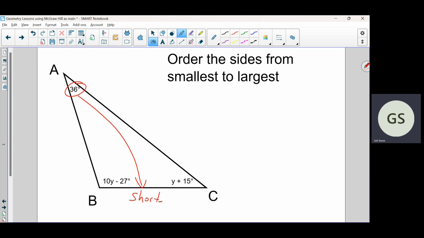If, don't write it into the figure if you drew the figure. I'm just saying if this were smallest, the opposite side is smallest. Always. If it's the biggest angle, so if this winds up being the biggest angle, the longest side is opposite.